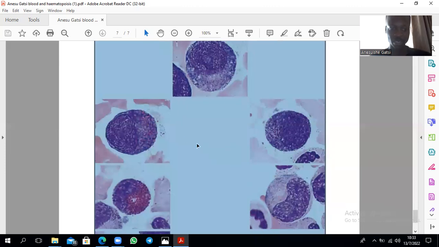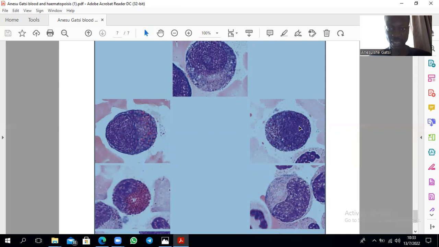If you come to this lineage, this is the eosinophilic lineage. This is an eosinophilic myelocyte. This here is a neutrophilic myelocyte. Right? The neutrophilic myelocyte too has a round nucleus.